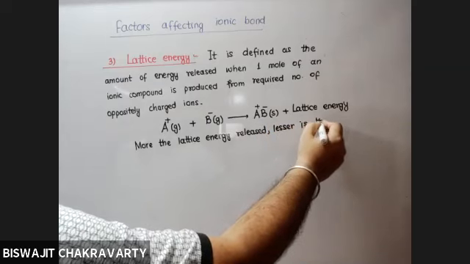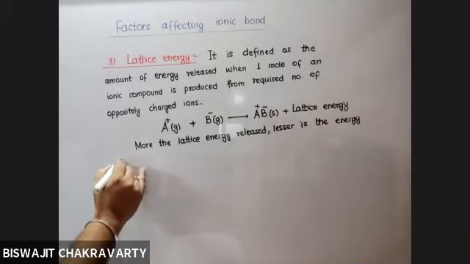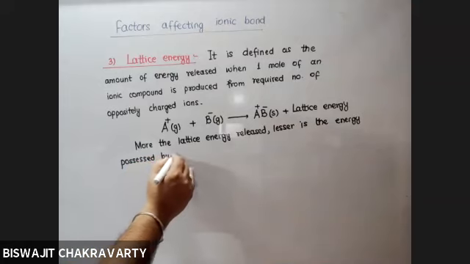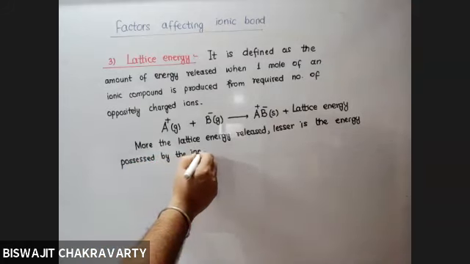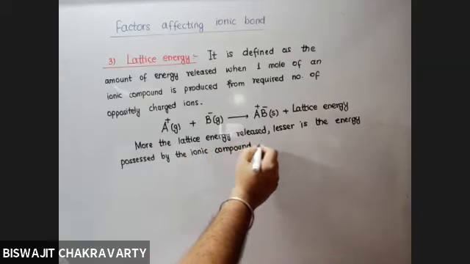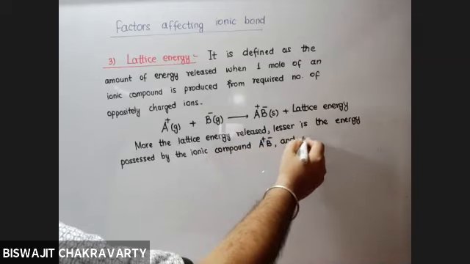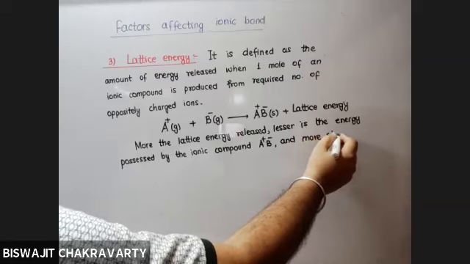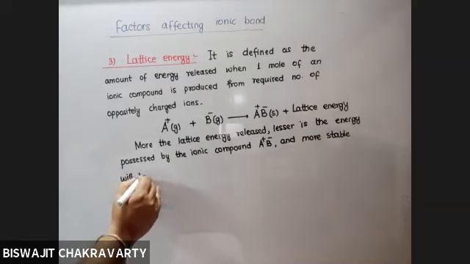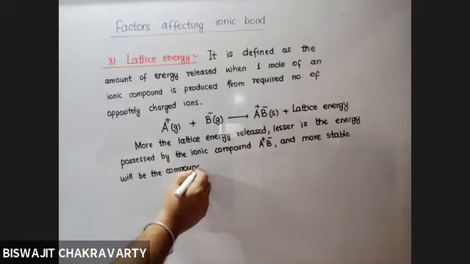Lesser is the energy possessed by the ionic compound A plus B minus, the more stable will be the compound. Okay.